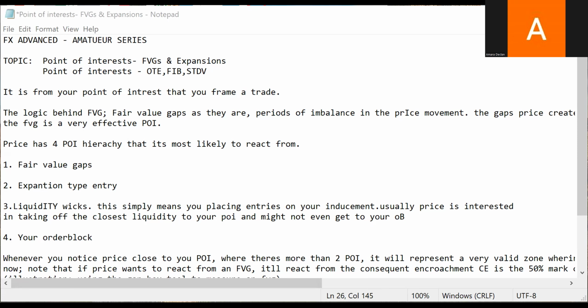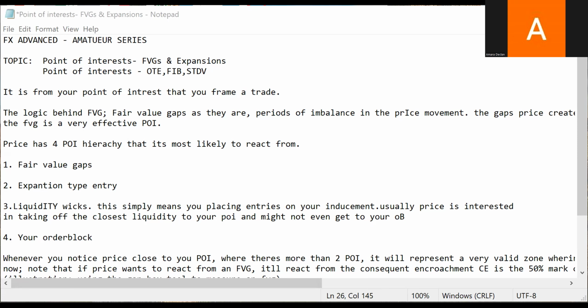See a fair value gap here. If anything, just have at the back of your mind that price will one day come here. And remember, this is a one day time frame, so it's going to take some time before price actually comes. You look at it on the weekly, you find out that price is already very, very bearish. So it's possible that price might be coming to take this.